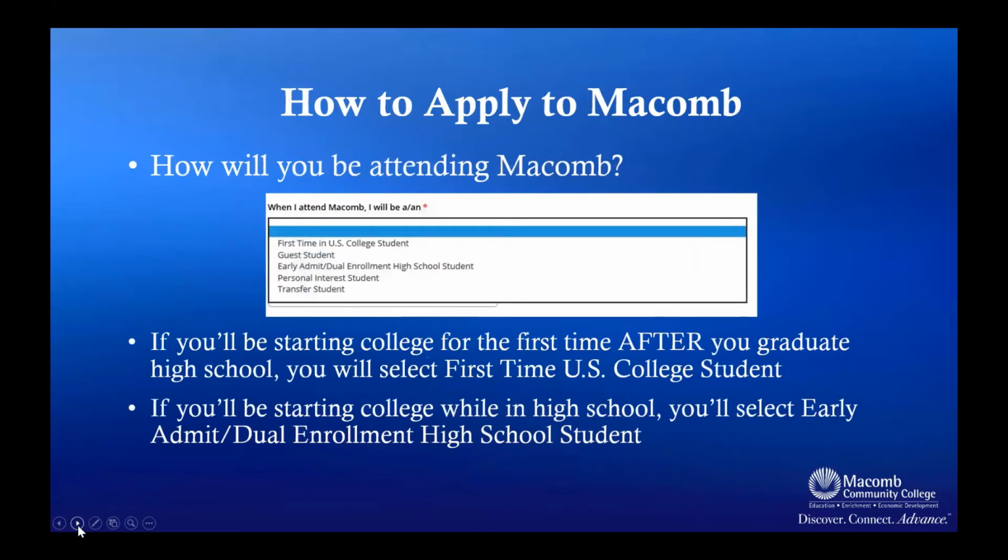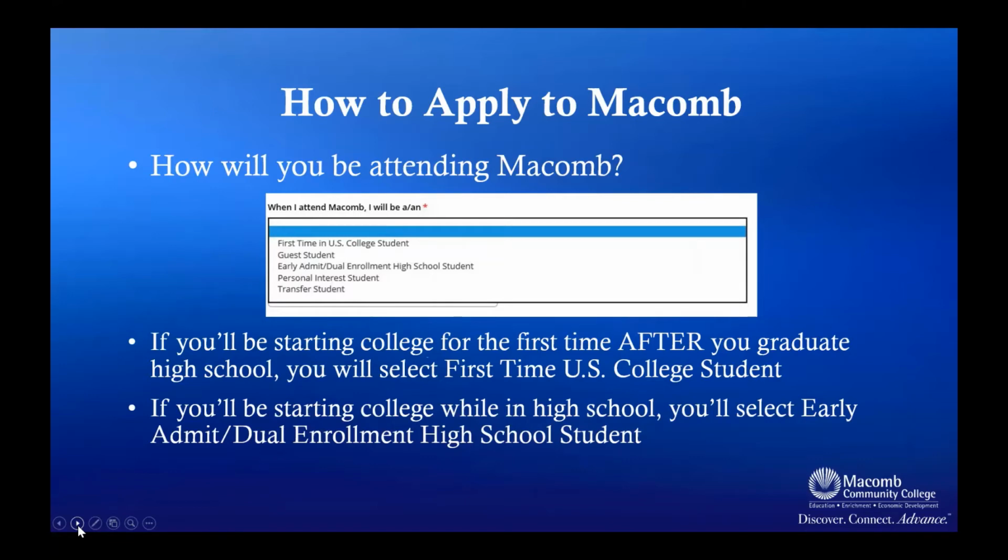Again, when I was talking about being a first-time college student, we do have other options. If you're attending another university right now and you just want to come to Macomb for a class or two and transfer back to your school, then you would be considered a guest student. A lot of students will be applying for the first time as a U.S. college student.